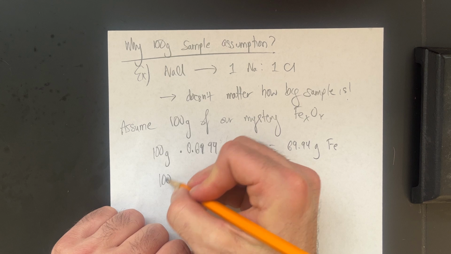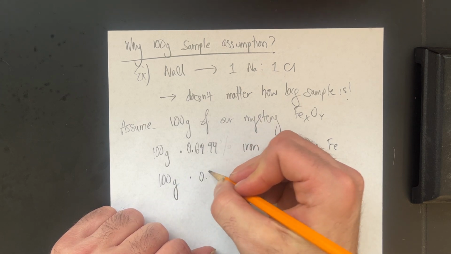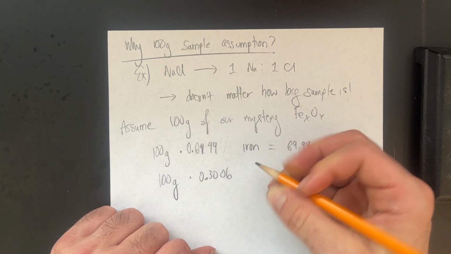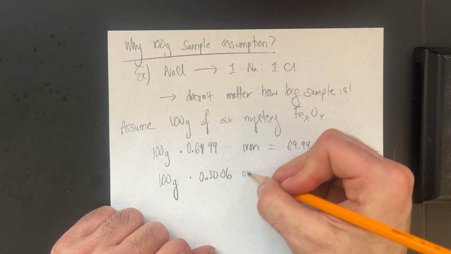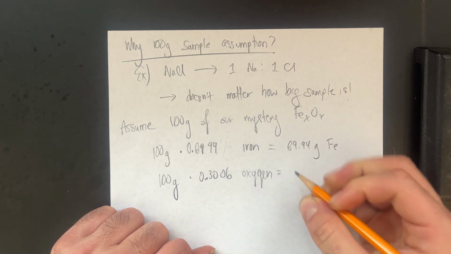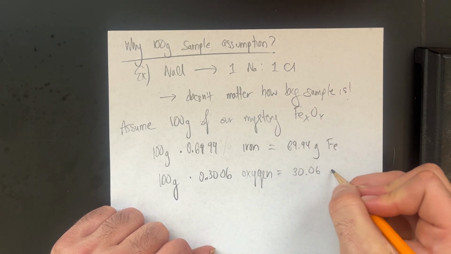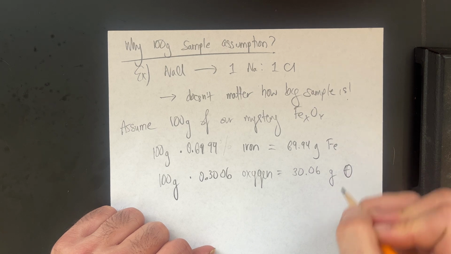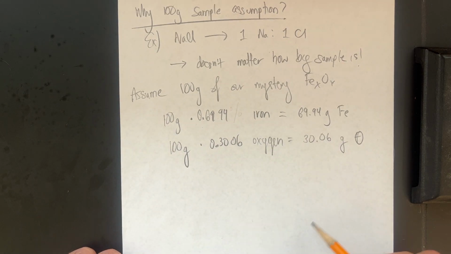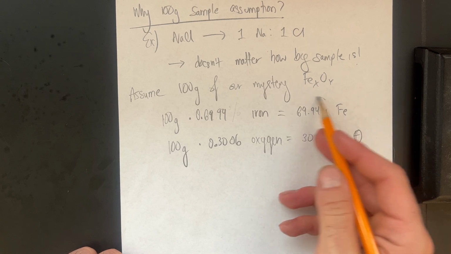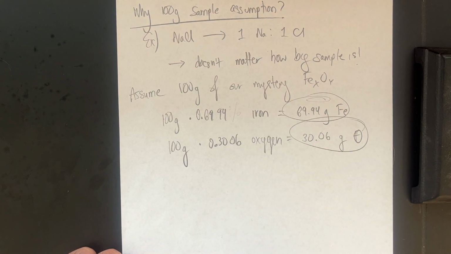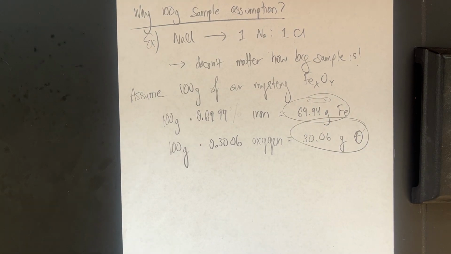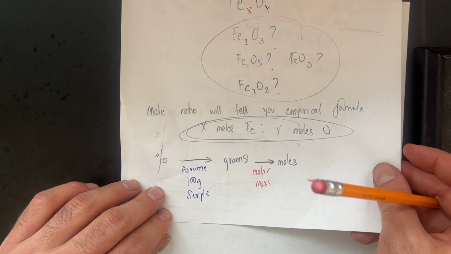And again, if we have a 100-gram sample and 30% of it is oxygen, how many grams is oxygen? It's 30 grams, right? And so now look, we have grams. And we can then use those grams in order to go to moles.